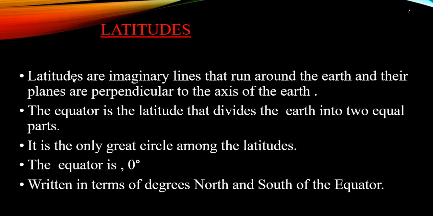When you look at latitudes, they are imaginary lines that run around the Earth, and their planes are perpendicular to the axis. The equator is the latitude that divides the Earth into two equal parts, and therefore it is the only great circle among the latitudes.